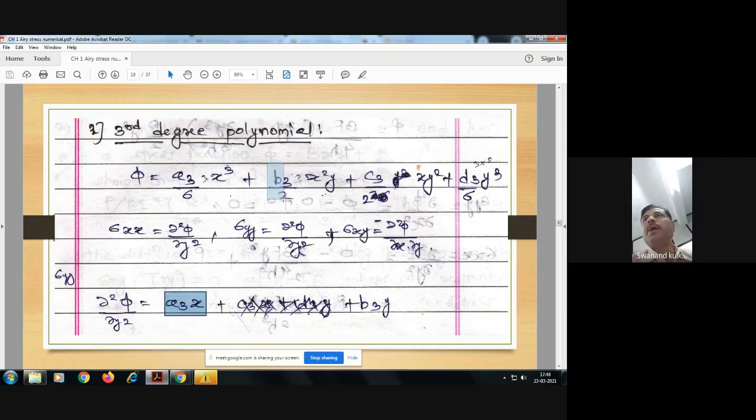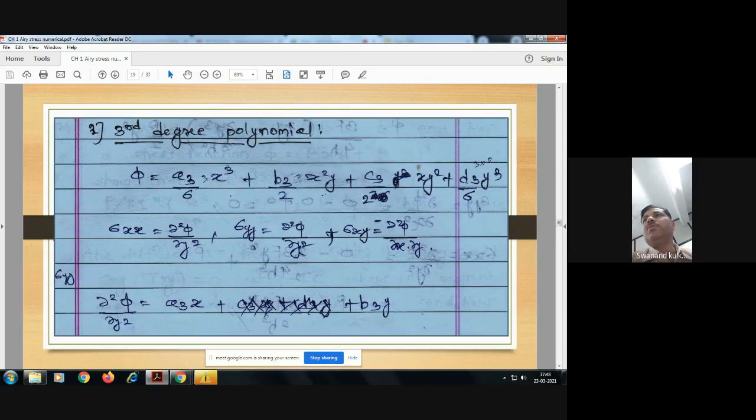Similarly for the middle part, when we are differentiating with respect to x two times, the first differentiation gives 2x, and in the second differentiation the 2 will get cancelled. The remaining term is y only.